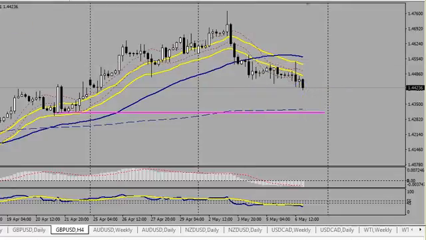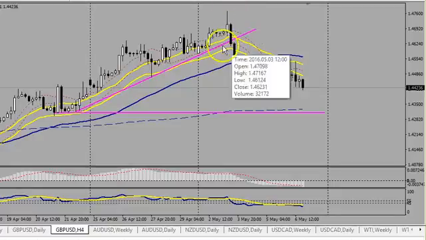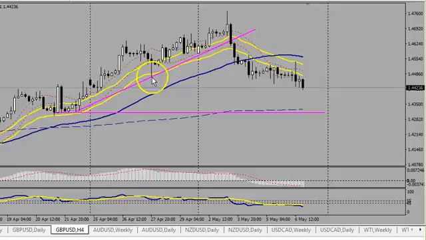But let me do one thing. Let's draw the trend line. Remember, one of the rules is price has to break a trend line. You can see that right here. Take a look here with this pin bar to the left side. If you were very conservative, no, that's too far over to the left side.